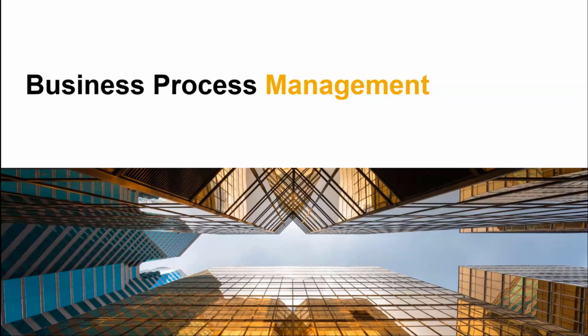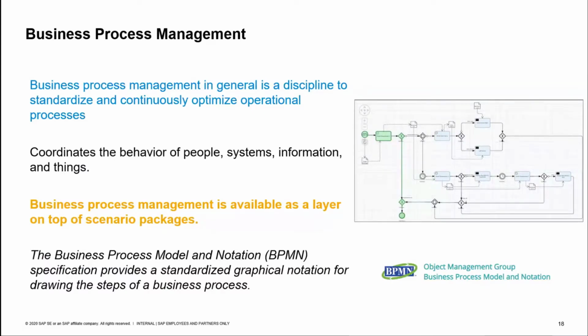And together with this topic, we have the business process management. And this is a very, very robust tool where you can really coordinate. The right sentence is coordinate the behavior of people, systems, information, and things. That means this is not just simple integration, because integration depends on automation, and business process management depends on the decision-making process.